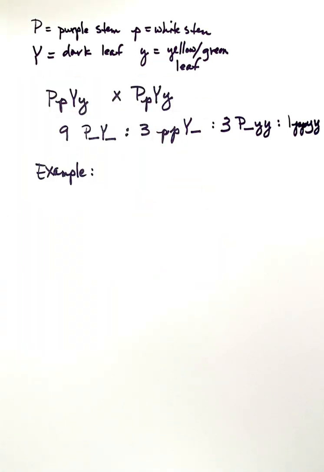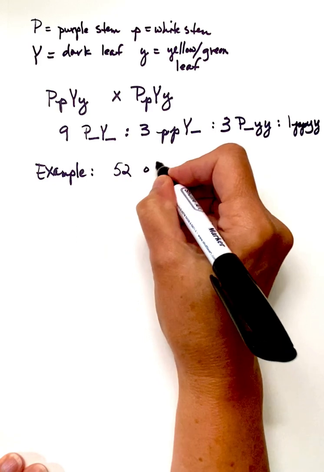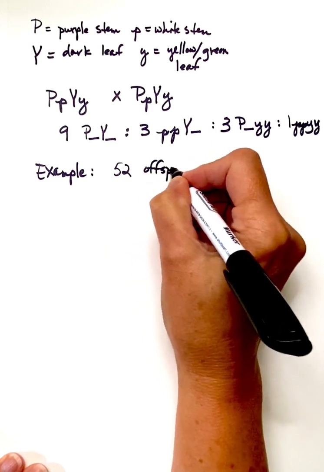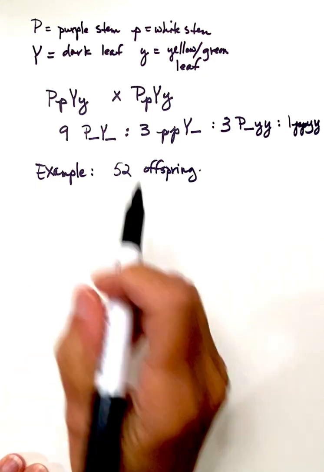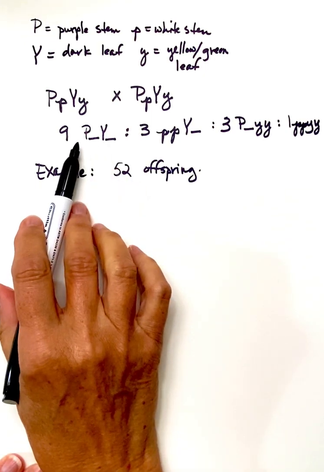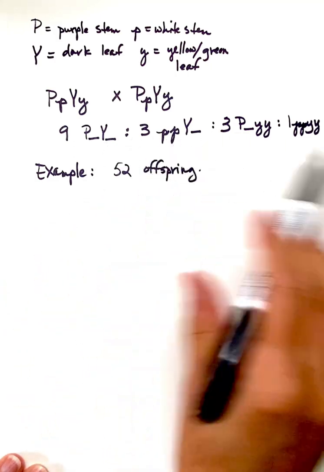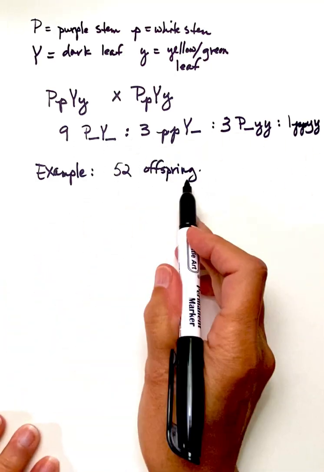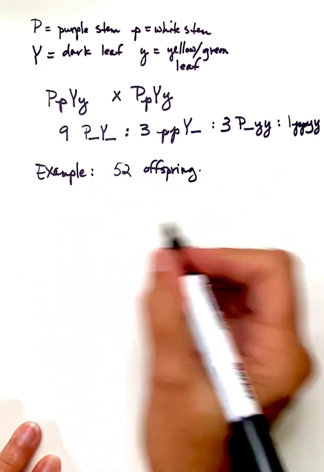So in my example of the seeds that I grew, I had a total of 52 offspring. All right, we're going to see how many of them should be purple, dark leaf, white, you get the rest, okay? So out of 52 offspring, our ratio is 9:3:3:1.